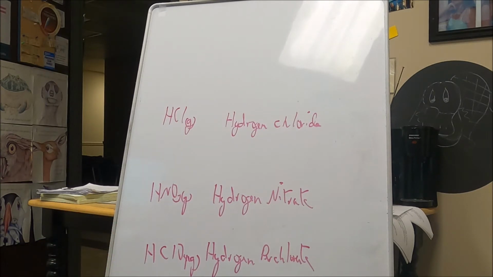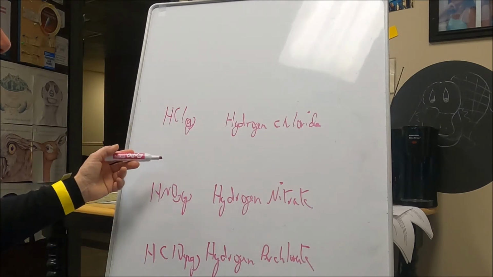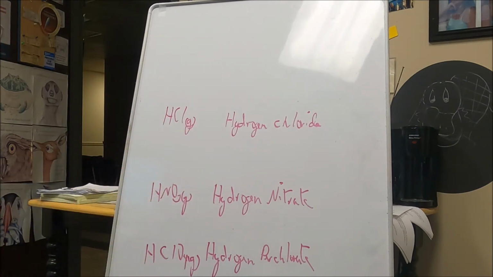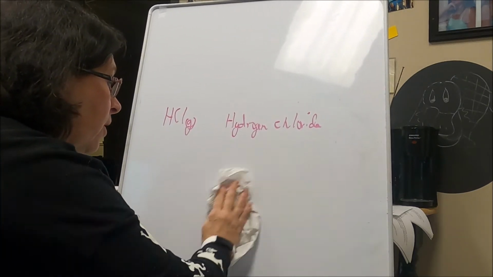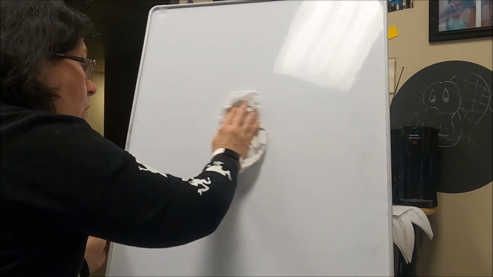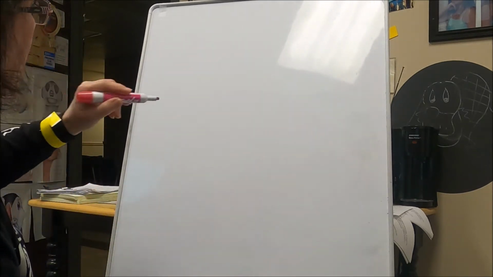Okay? Now, most of the time when we get acids, the acids are dissolved in water. So the acids not only have a name when they're pure, but they have a dissolved name. Now, I'm going to write out some rules here, and then we're going to practice.